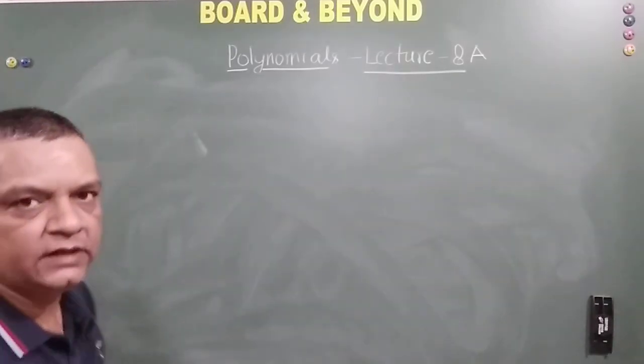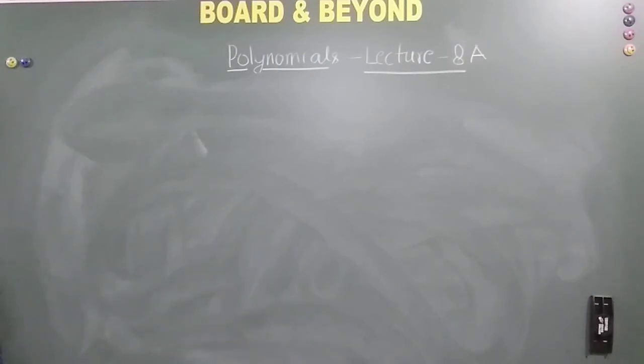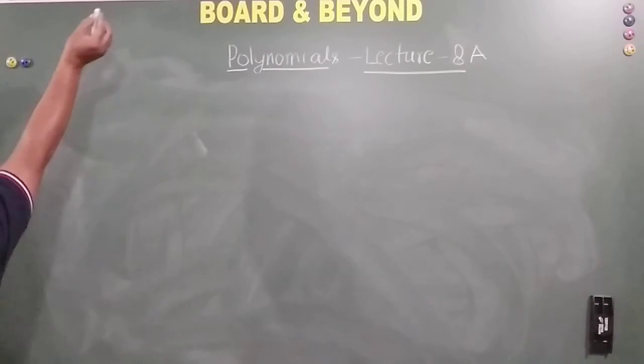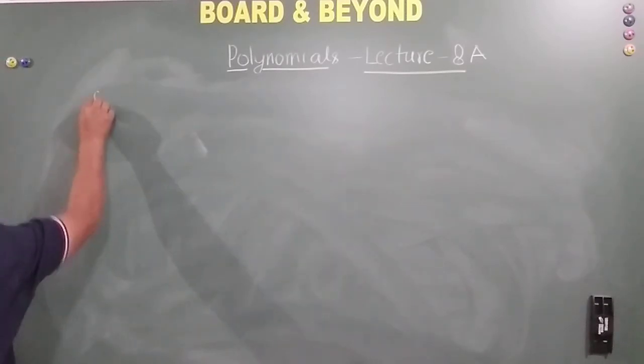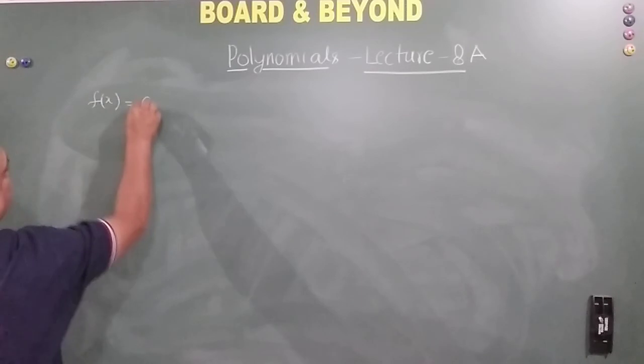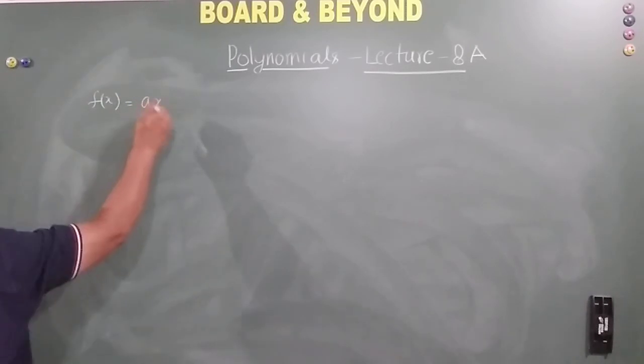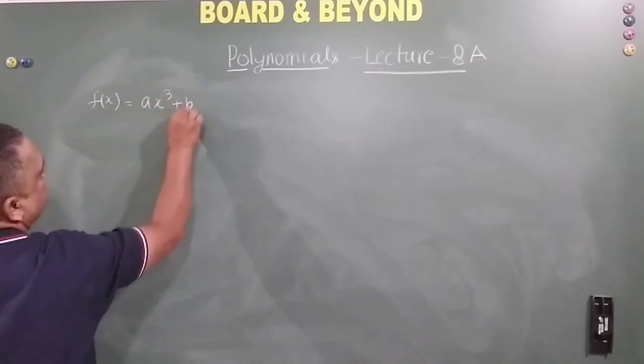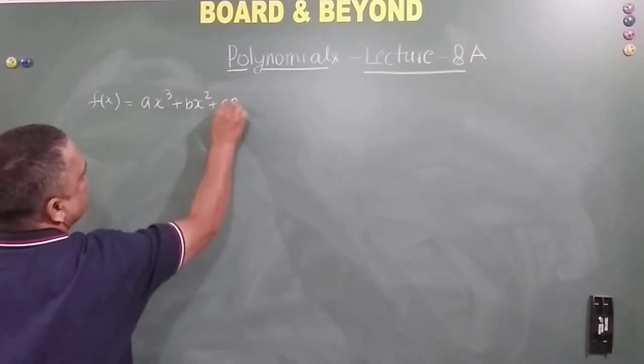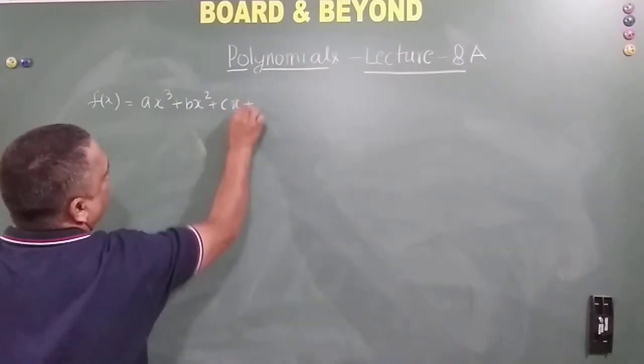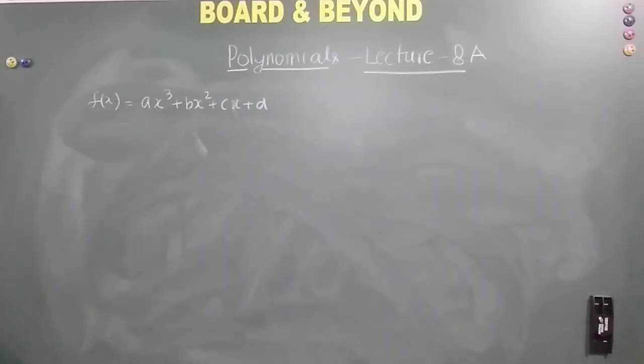Now let us move on to the next one, right? If one zero of a polynomial ax cube plus bx square plus cx plus d, standard form, one root is said to be 0.